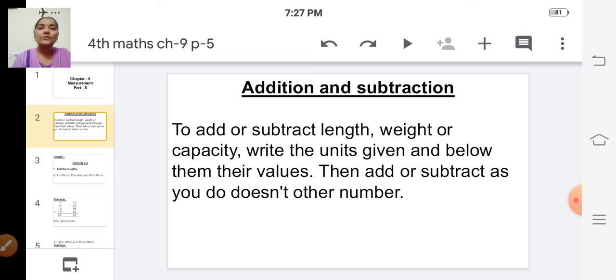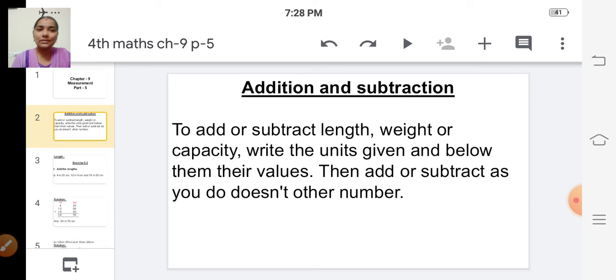To add or subtract length, weight or capacity, write the units given and below them their values. First you have to write the units like centimeter, millimeter, and write their values below.